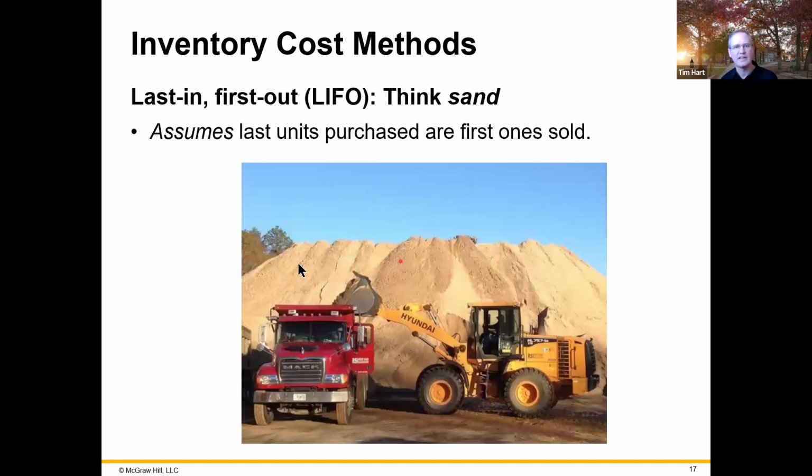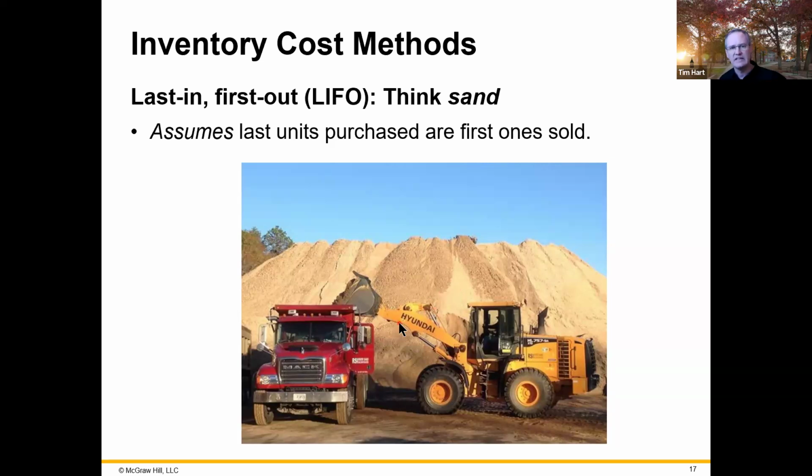For LIFO, think a large pile of sand. So down by the river in the Tulsa area, Bixby, there are sand and gravel companies that harvest raw resources from the area around them. Also going to a landscaping company, you might see large piles of non-perishable goods, sand, gravel, maybe mulch or something.